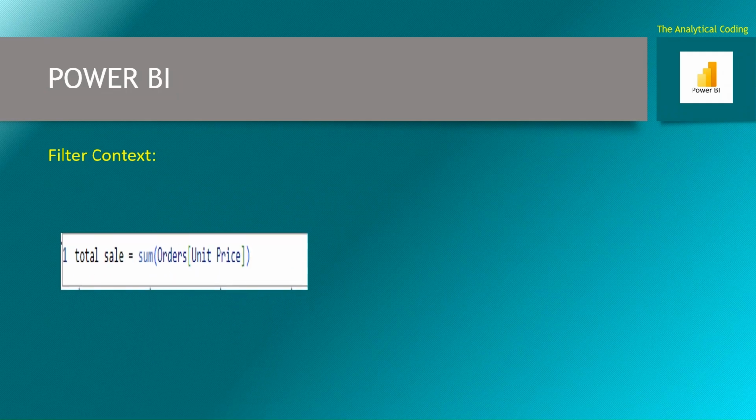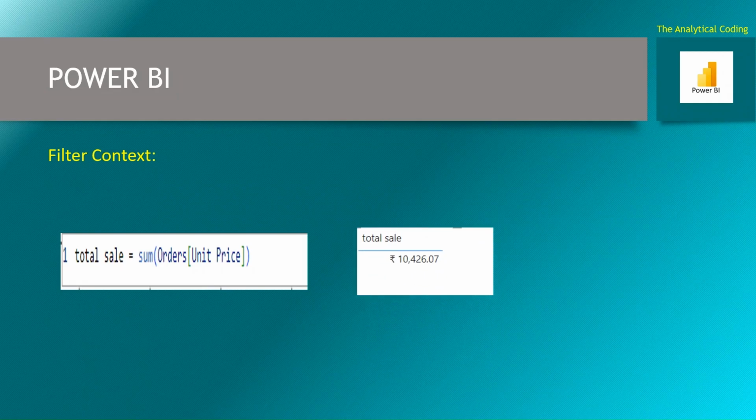And coming to filter context, it determines the data that is visible or included in the calculations. Suppose we create a measure to calculate the total sales, that is the sum of Orders unit price. When we use this measure in a Power BI visual, we can see the overall measure output.